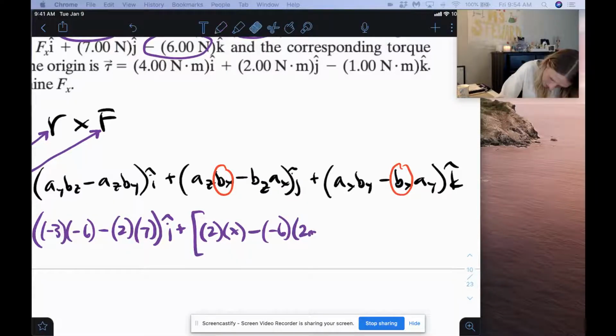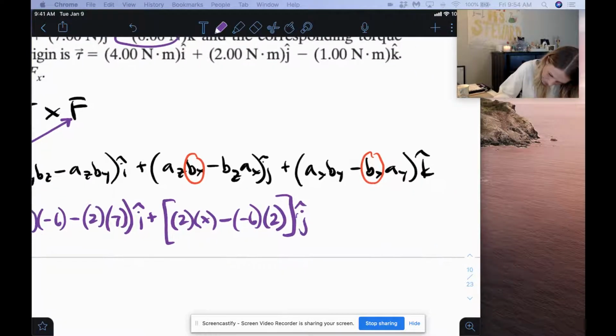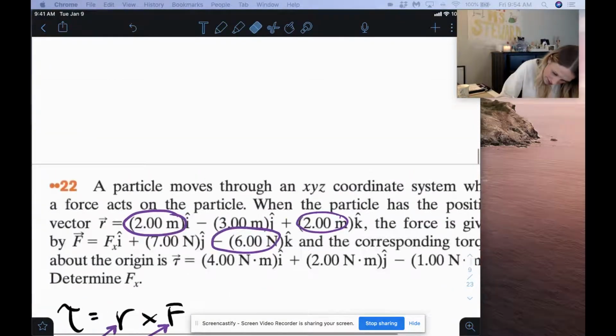I'm just going to put 2. J hat. And then plus AX, let me erase these.